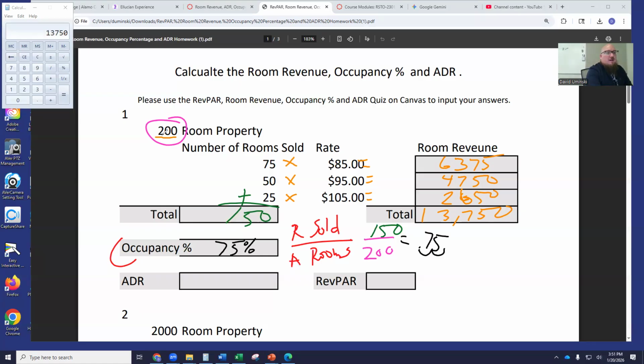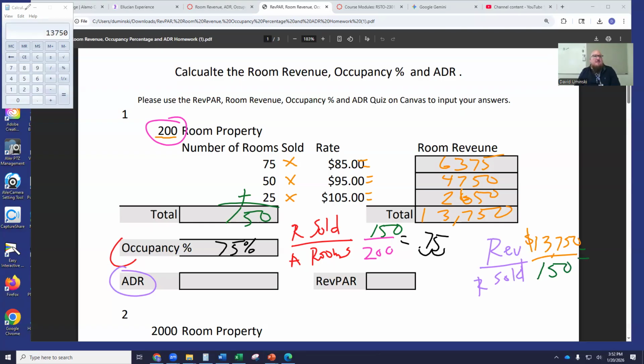Now let's look at our ADR, our average daily rate. Okay. So average daily rate is our total revenue divided by the rooms sold. Okay. So if we color code this, this is going to be $13,750 divided by the number of rooms that we sold, the green of 150 rooms.